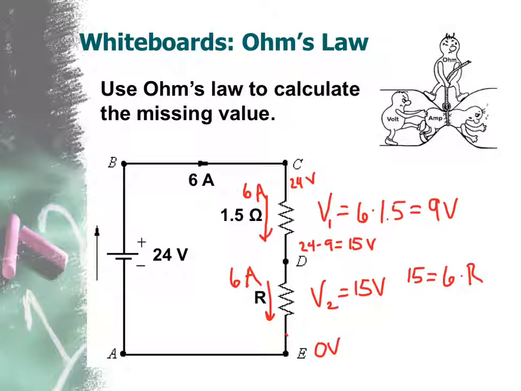I solve for that unknown resistance, R, and I get 2.5 ohms. All right, so that is the value of our unknown resistance.